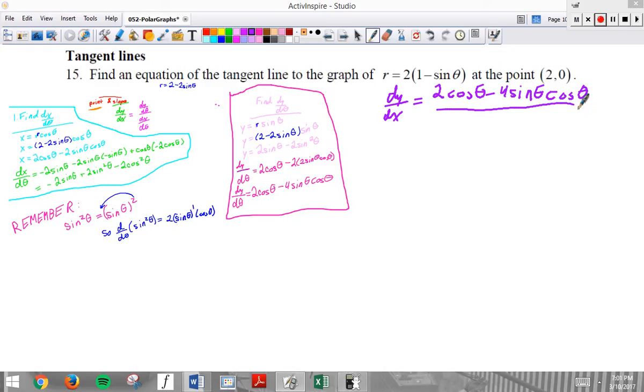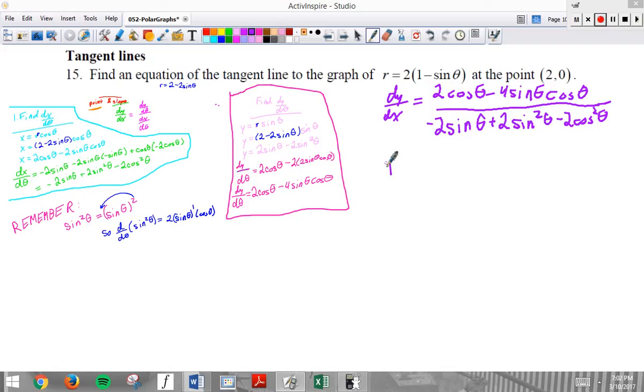And that something is very sad for us. This is coming from here. This is coming from here. I'm not trying to sweep anything under the rug. This all has theta in it.